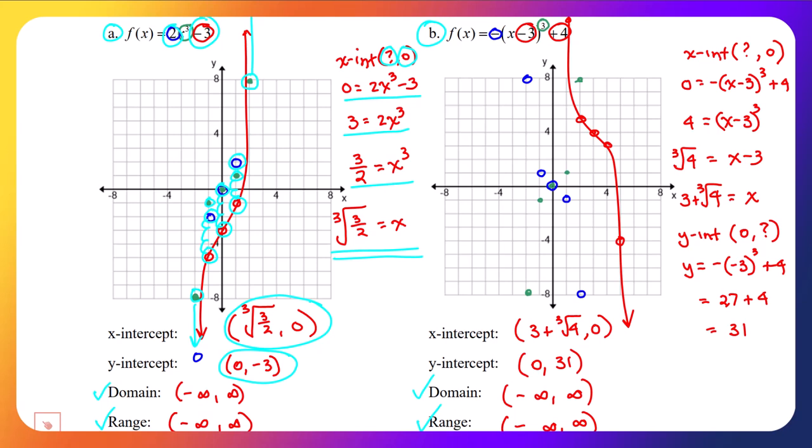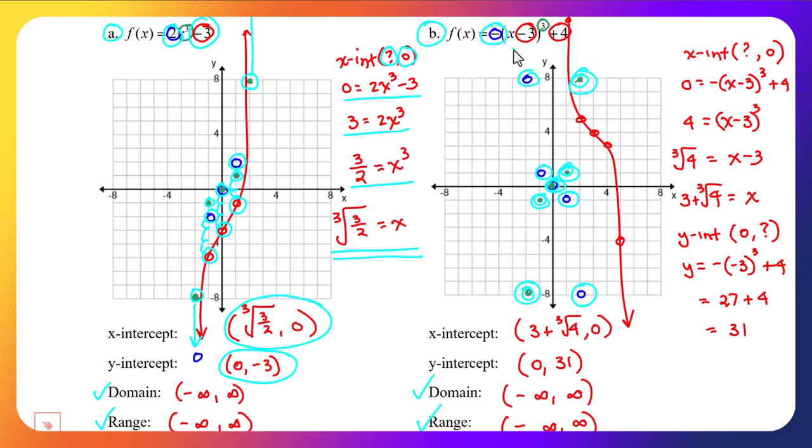For b, we have our green original cubic function. The negative in front flips the graph over the x-axis. So this point goes down here, this point goes down here, the origin stays the same, this point down here goes up, and this point down here goes up, and we have the blue dots.